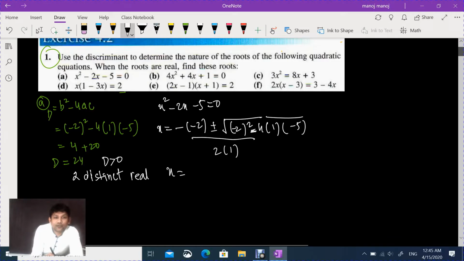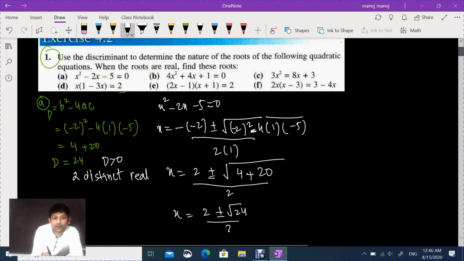So now x equals 2 plus minus under root 2 square is 4, minus plus 4 times 5 is 20, and this is 2. So x is coming 2 plus minus under root 24 upon 2, and you can solve by using decimals.